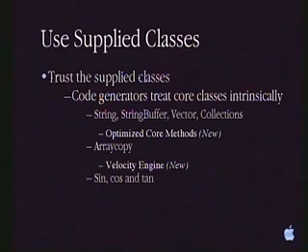One of the things I like to do is find which methods are used fairly frequently in the class libraries and tweak the code specifically to handle those, because those are the routines used a lot by everybody, and we want good performance for them. So, trusted supplied classes. You may have the urge to go out and rewrite the vector class because it synchronizes every time you access it and does a check cast every time you extract from it.